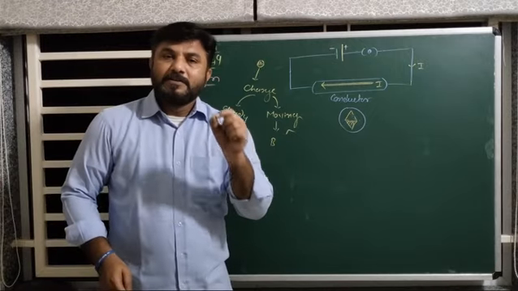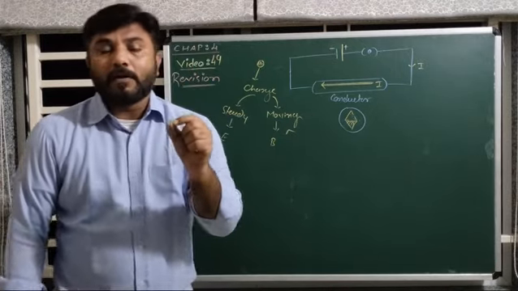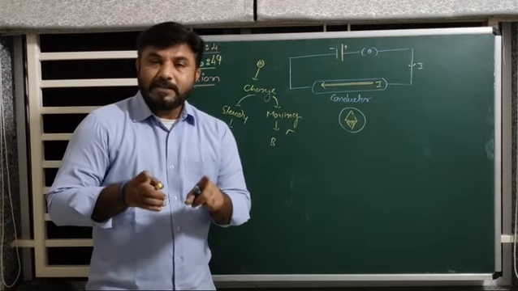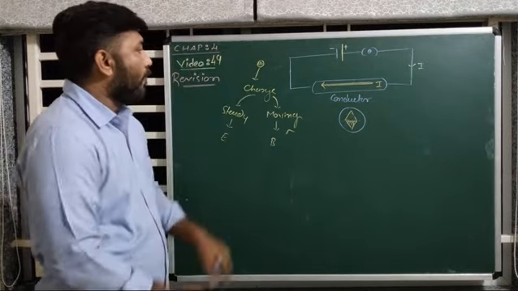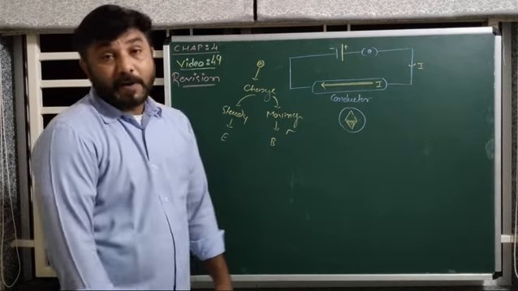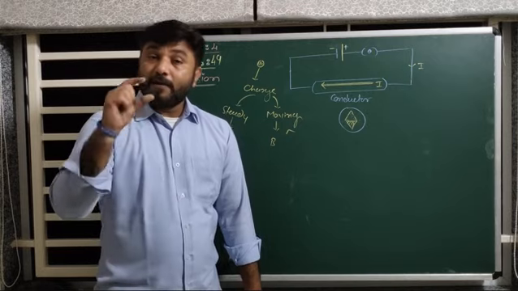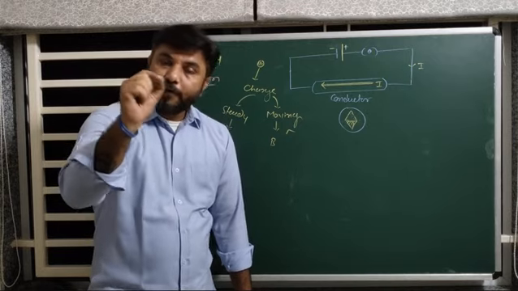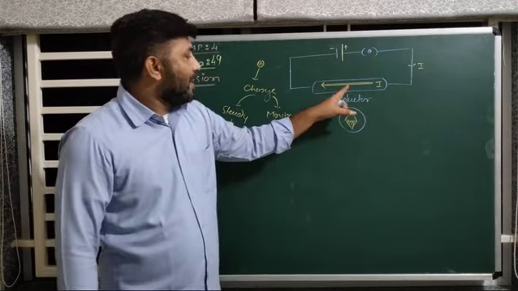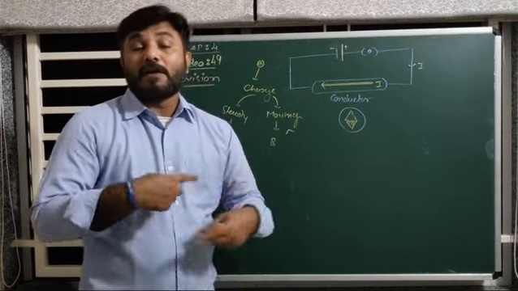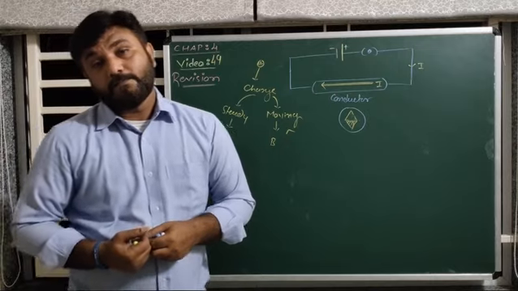It was the first general and simple conclusion by Oersted. So this was the statement of Oersted's experiment. State Oersted's experiment in one line: on passing electric current through a conductor, a magnetic field is produced around the conductor.